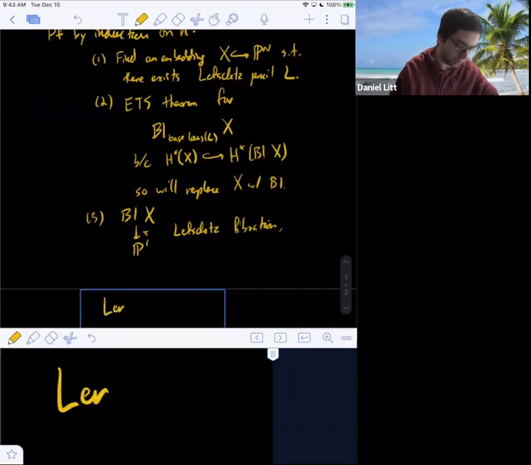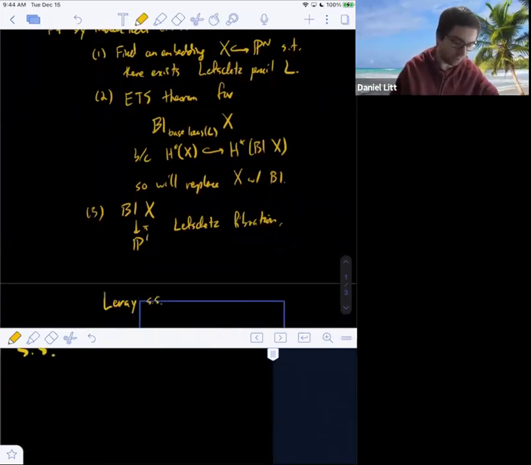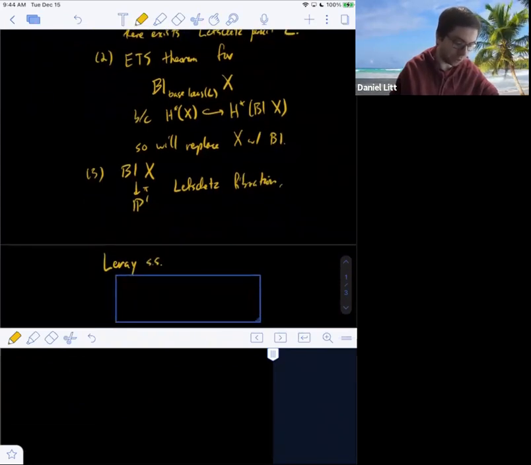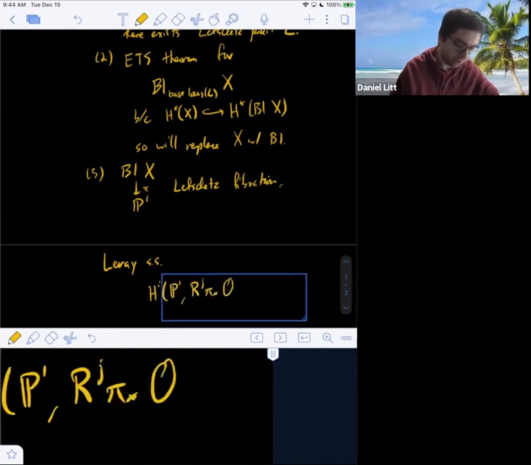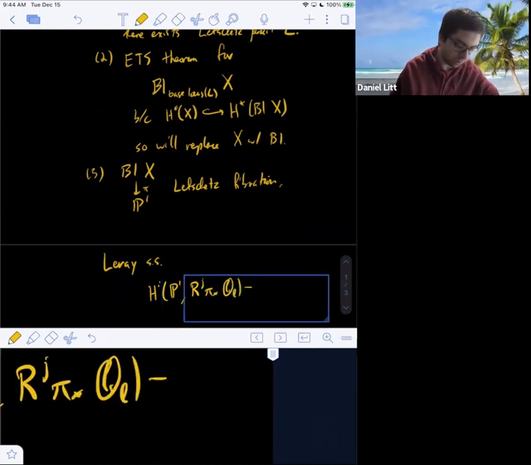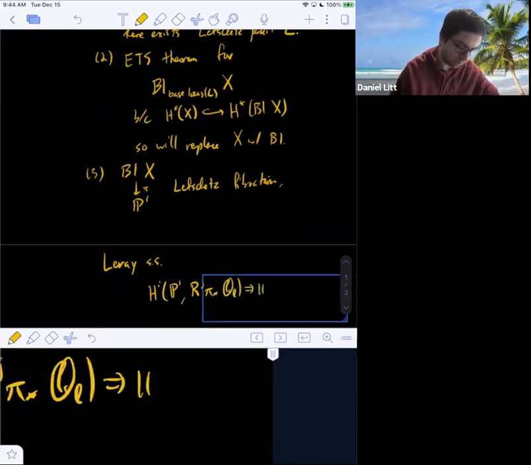So the Leray spectral sequence gives us a way of computing that. It says we get H^i of P^1 with coefficients in R^j pi lower star of Q_l, and this will converge to H^{i+j} of the blow up of X with Q_l coefficients.